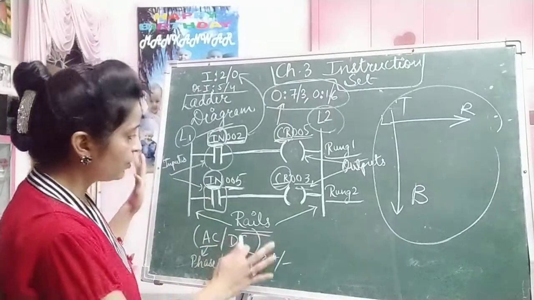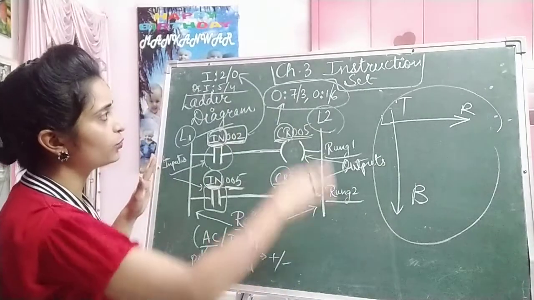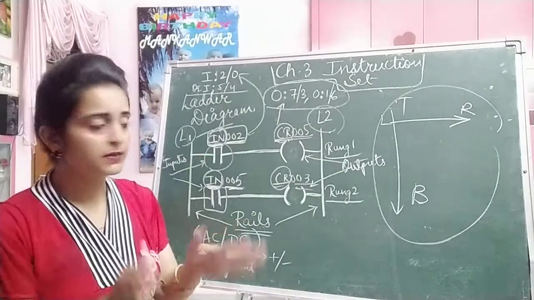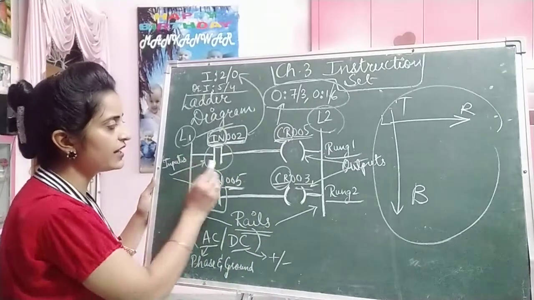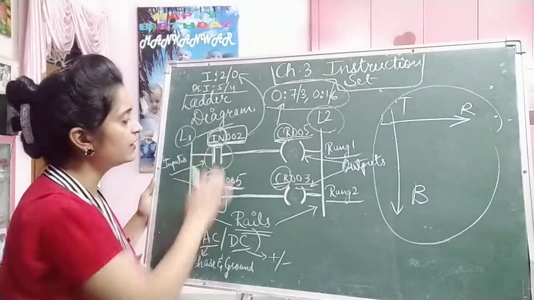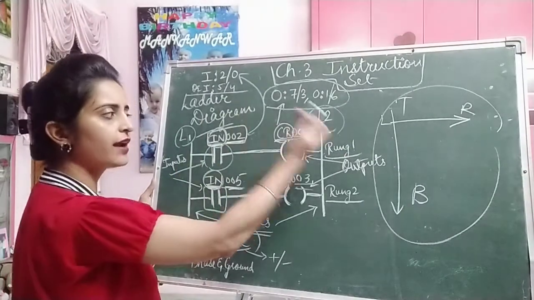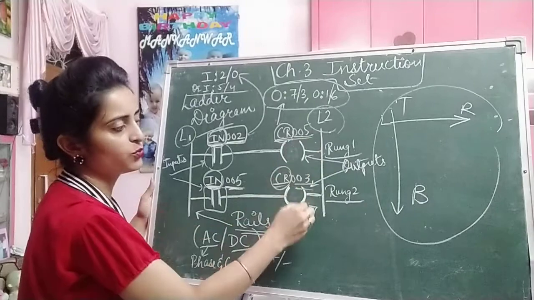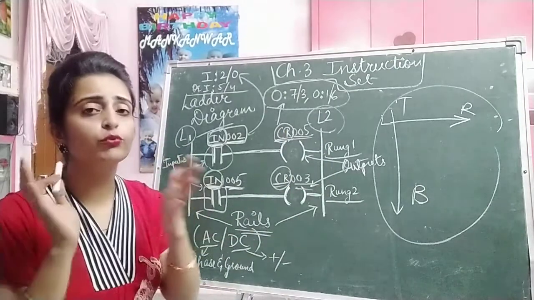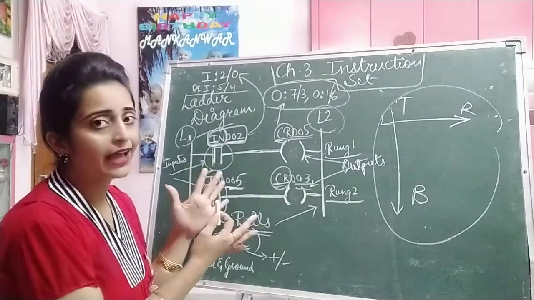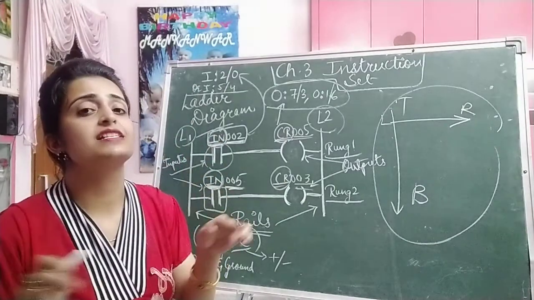Okay, so this was about the ladder diagram and how it is utilized. Every time, at the leftmost side the inputs will be used, and at the rightmost side the outputs will be displayed, right? This is the way you will draw this diagram in your PLC software.